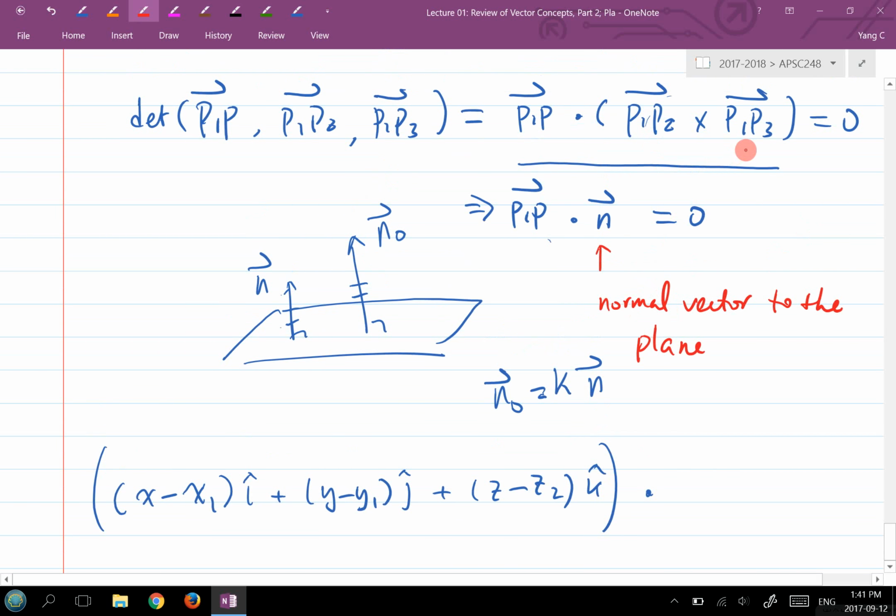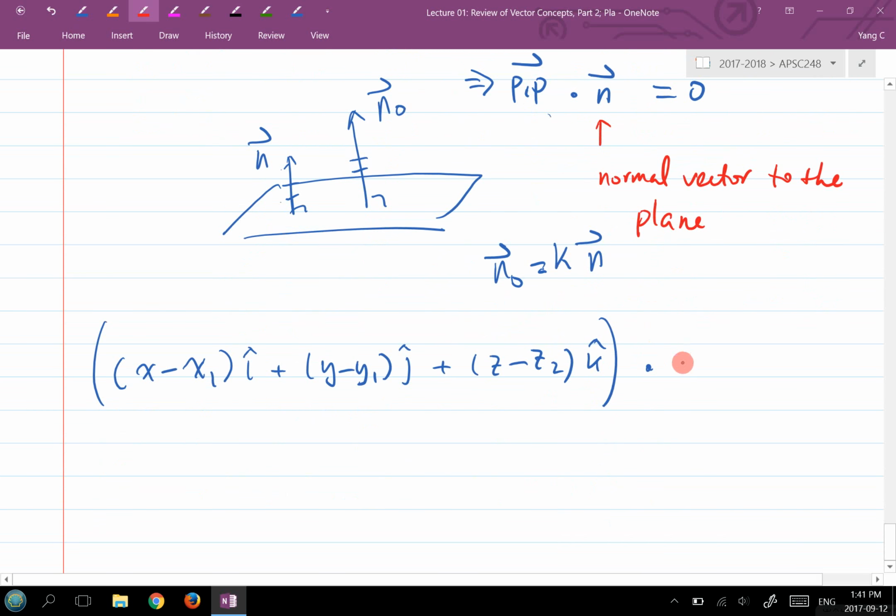So I will let this n equal a, b, c, because when you have a plane, you literally have an infinite number of vectors perpendicular to this plane, and all of them differ just by a scale. So then the formula here now becomes a, b, c dotted with the vector, equal to 0.